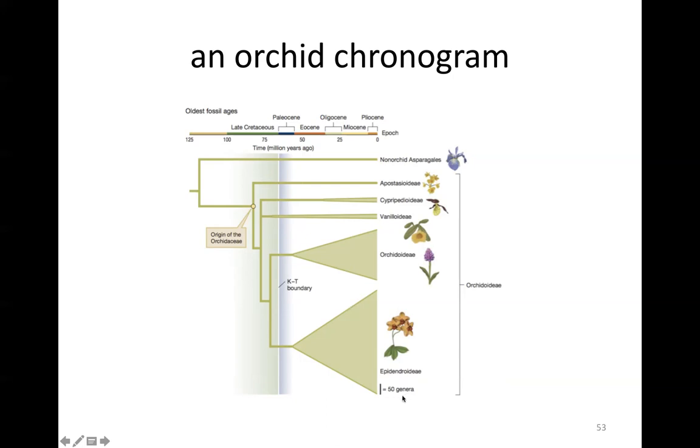It's already shown, 50 genera. So how many species and genera have evolved in each of these groups? And what you can see is this diversification, or so-called radiation.